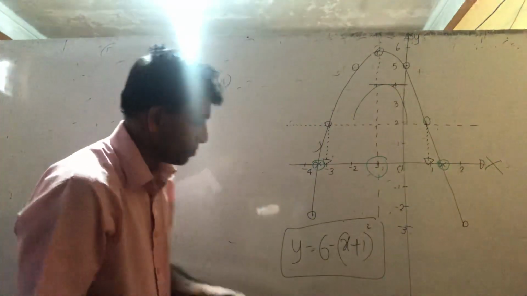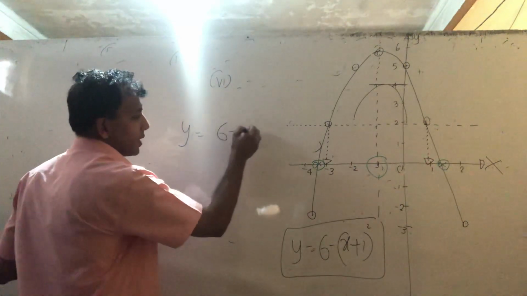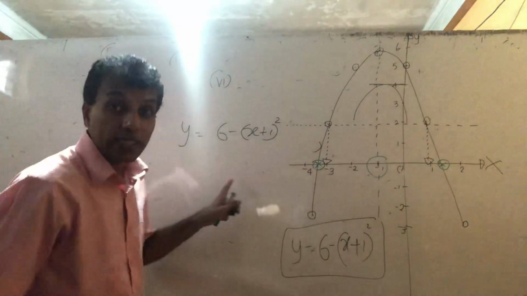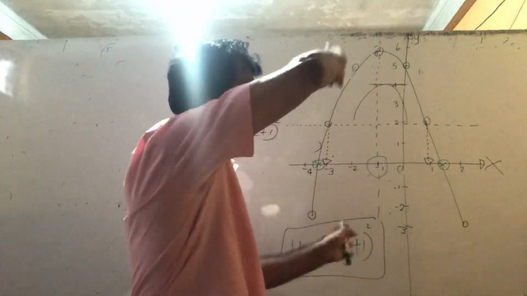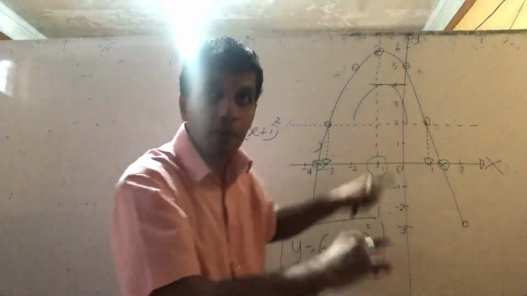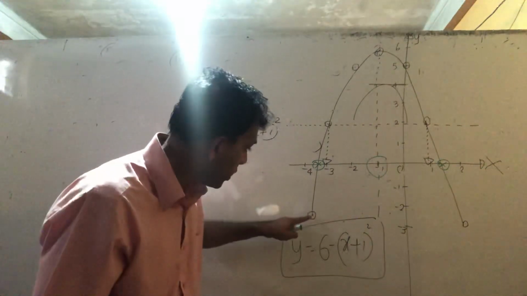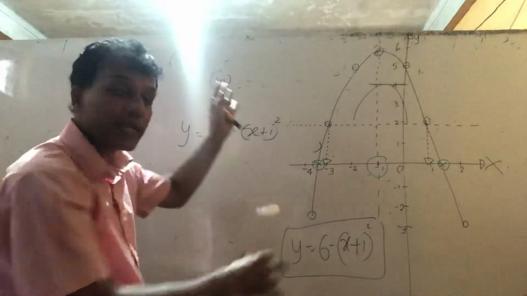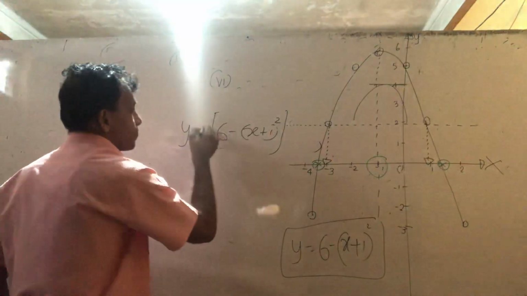So write the equation: y equal 6 minus (x plus 1) squared. This is the drawn graph. The maximum 6 becomes the minimum -6 when turned. Here there's a 5, it becomes -5. Here a 2, it becomes -2. Here a -3, it becomes +3. So everything is completely changed by a minus; therefore put a negative sign.